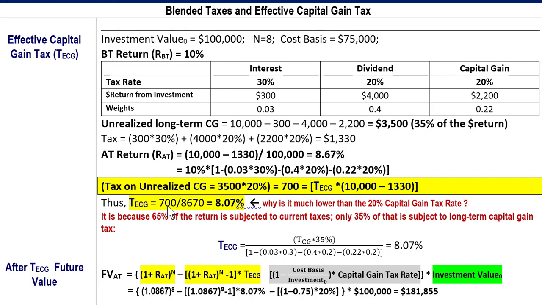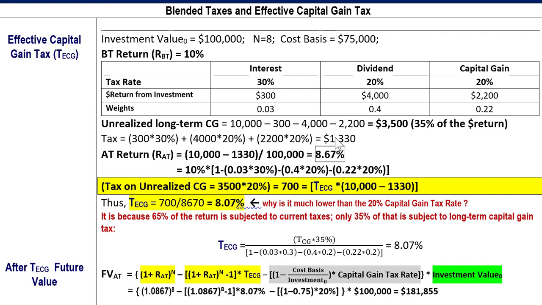So let me repeat this one. $700 is the tax on unrealized capital gain, so you're supposed to pay. What is the 8670? The 8670 is equal to $10,000 minus 1330.